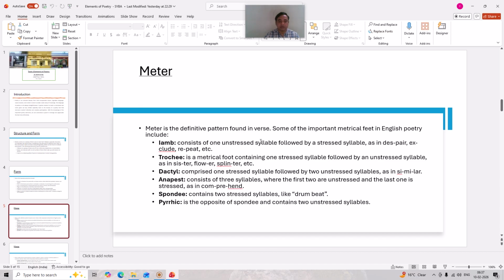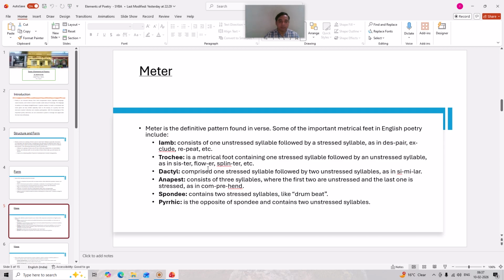Sis is stressed syllable and ter is unstressed syllable. Flower, flow is stressed syllable and er is unstressed syllable. Same is the case with the word splinter. Splint is stressed syllable, ter is unstressed syllable.